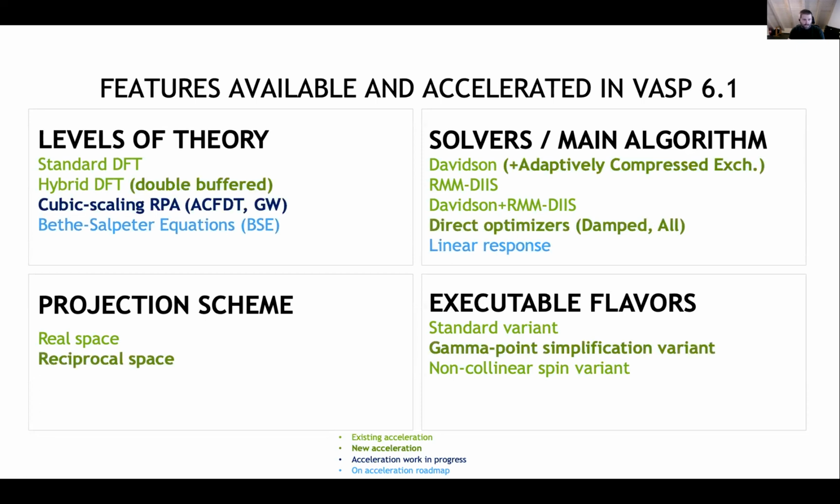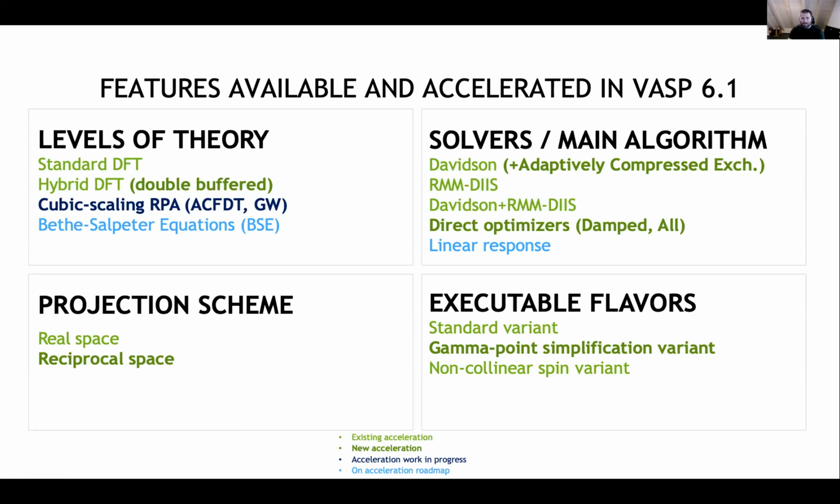And with VASP 6 and the OpenACC port, basically everything that is in bold green here is an added functionality in VASP 6.1 for OpenACC support. And we've rewritten everything that was GPU accelerated in CUDA before, but is now also in OpenACC.